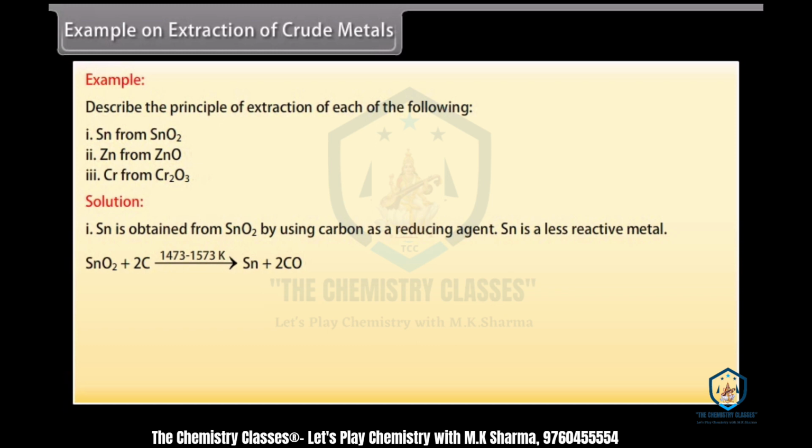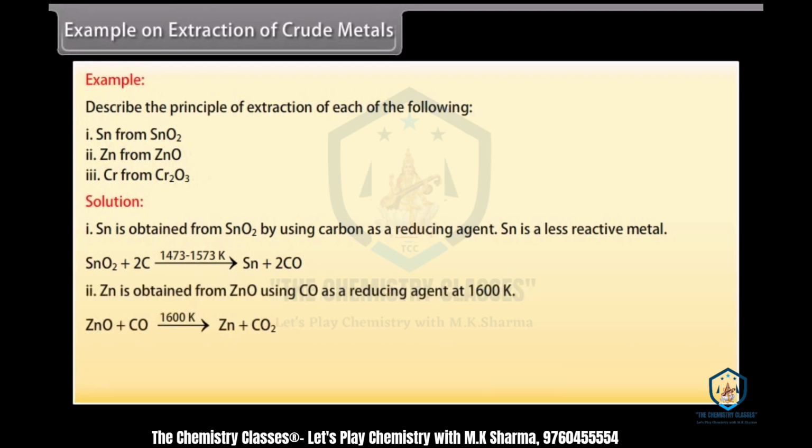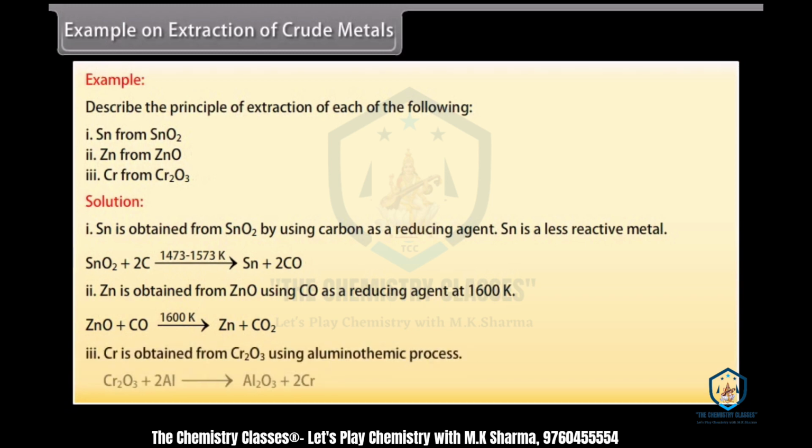Sn is obtained from SnO2 by using carbon as a reducing agent. Sn is a less reactive metal. Zn is obtained from ZnO using CO as a reducing agent at 1600 Kelvin. Cr is obtained from Cr2O3 using the aluminothermic process.